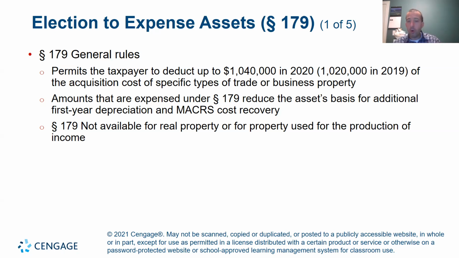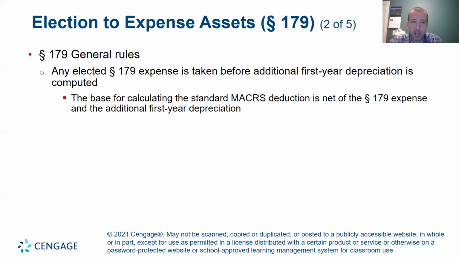And this is before you take the rest. If you bought more than $1,040,000 in 2020, or whatever the value would be in 2021, which we can look up in a minute, the difference between the two you would depreciate normally. But this is really accelerated because you get to depreciate the full $1,040,000 in that year. It's an incentive for businesses to buy capital assets.